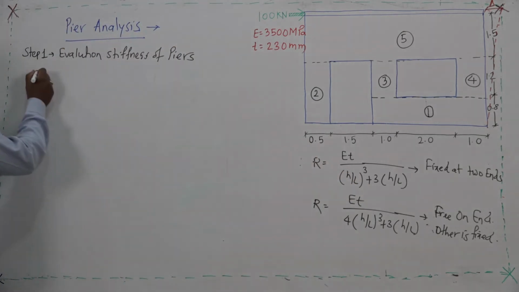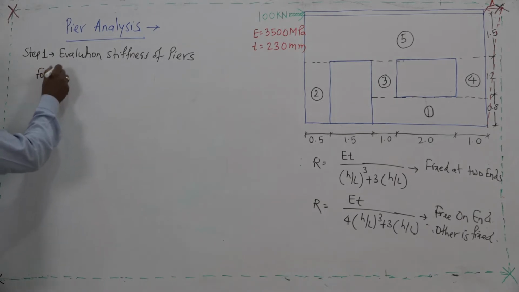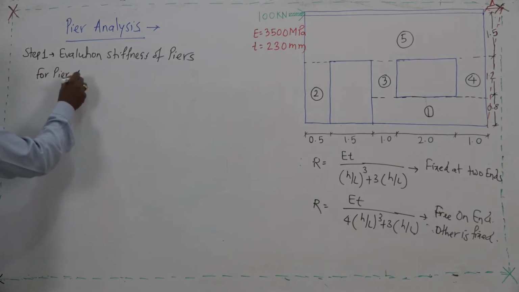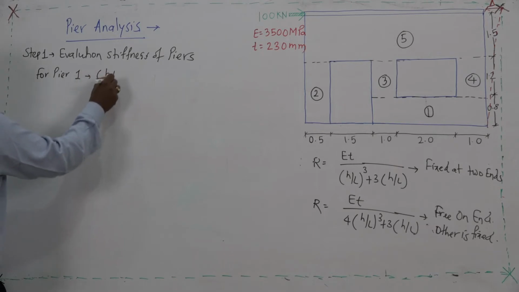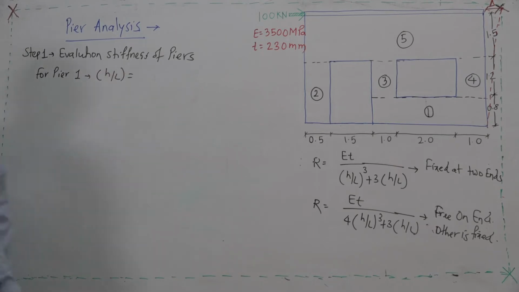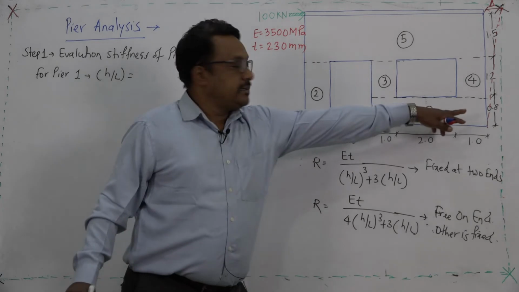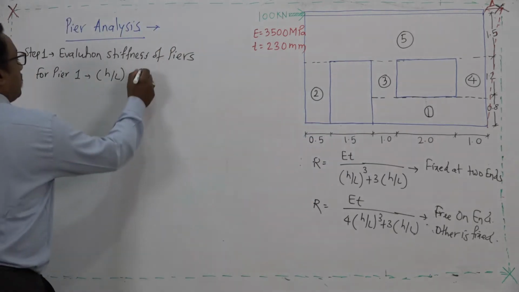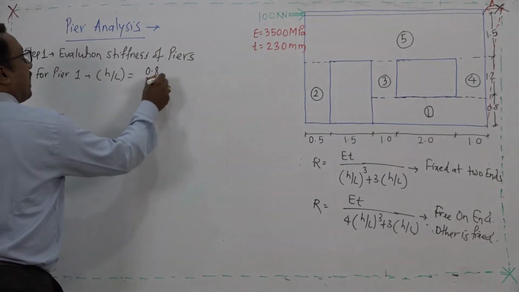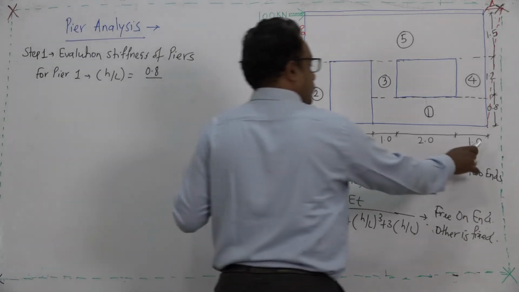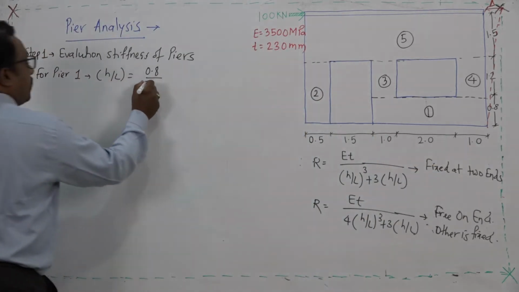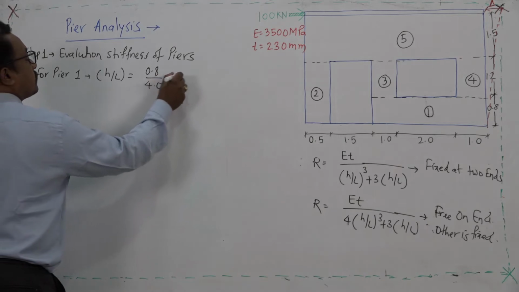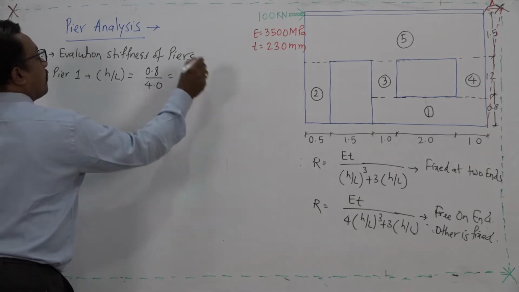So, for pier 1, the h by L will be, this is pier 1, the height is 0.8. So, this will be 0.8 divided by 2 plus 1 plus 1, 4. So, it comes to be 0.2.